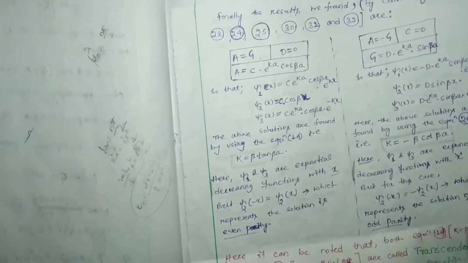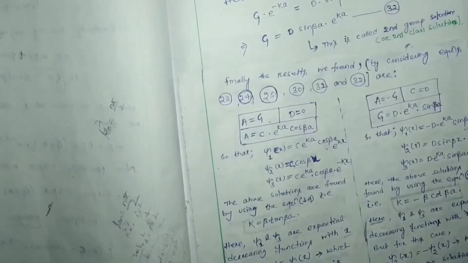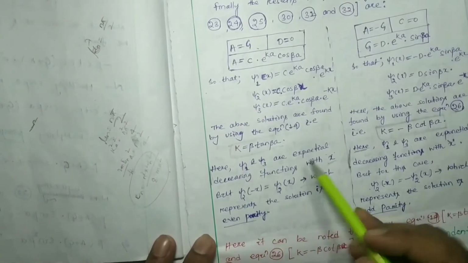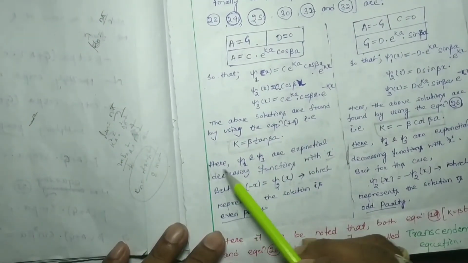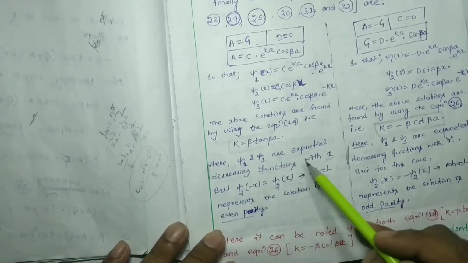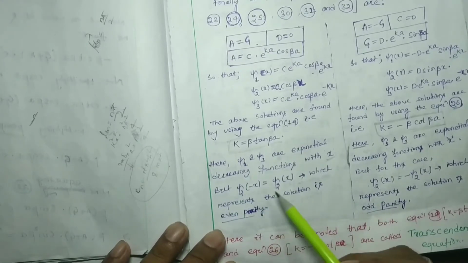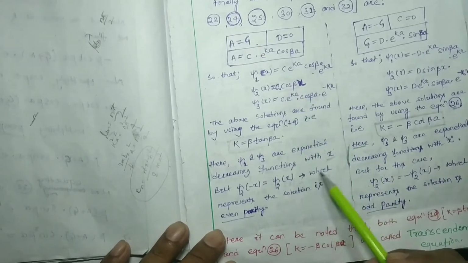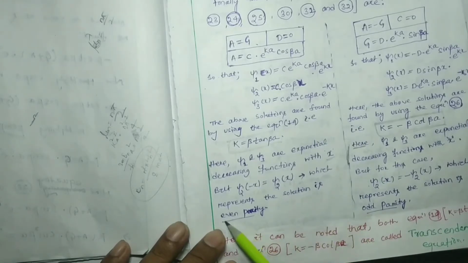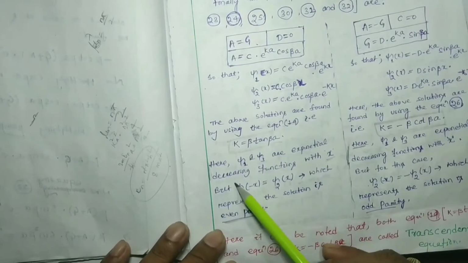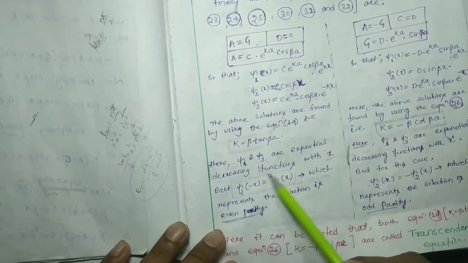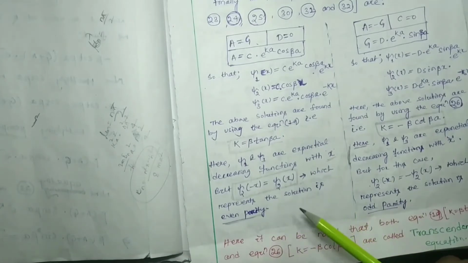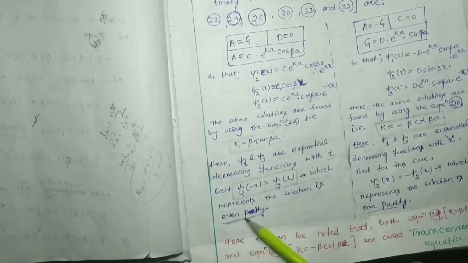So what I discussed, you can write in your notes here. Psi 1 and psi 3 are exponential decreasing functions with x, but psi 2 of minus x is equal to psi 2 of x, because it is an even function, a cos function, which represents the solution with even parity. Even parity means that if any wave function follows this condition or property, then that wave function is called even parity.